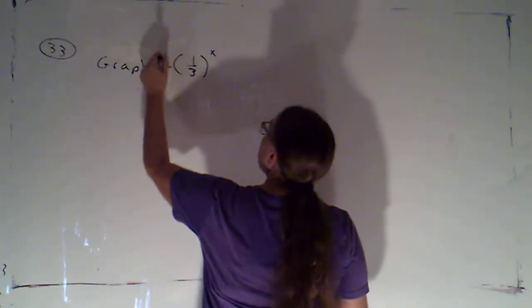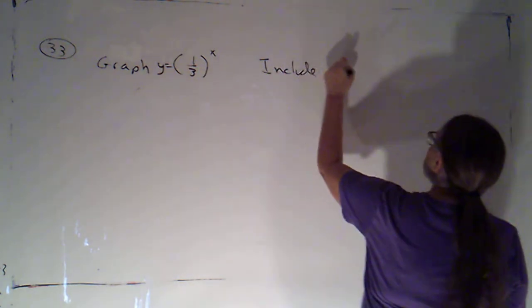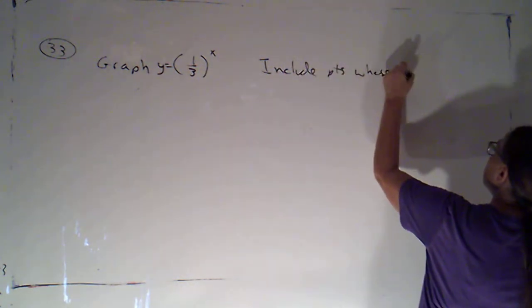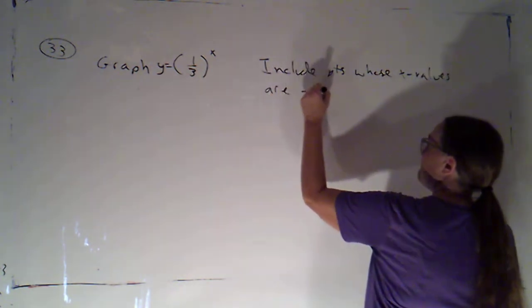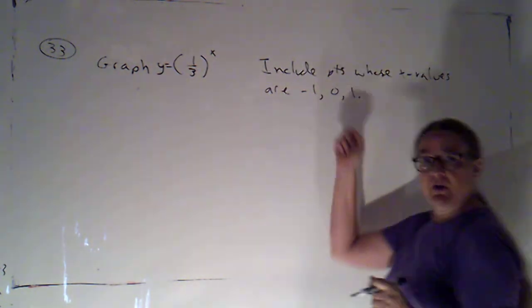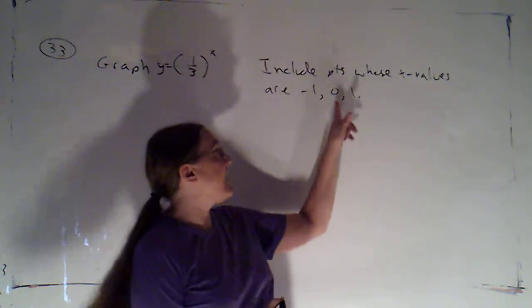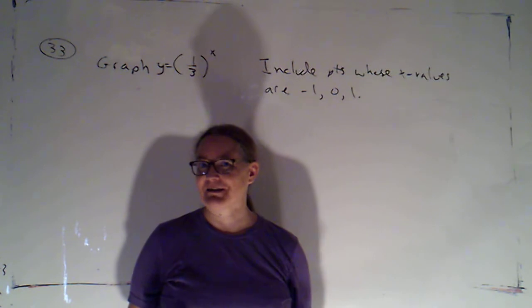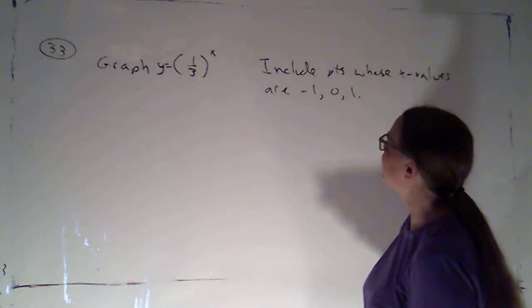And for that, I do want you to include the points whose x values are -1, 0, and 1. Pretty much you can expect anytime I'm asking you to graph an exponential function, I'm going to ask you to include those 3 points. So you might as well just get used to it. That's the level of detail I'm looking for. Okay.